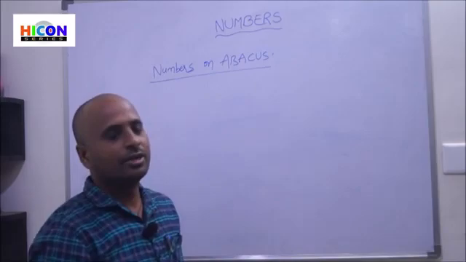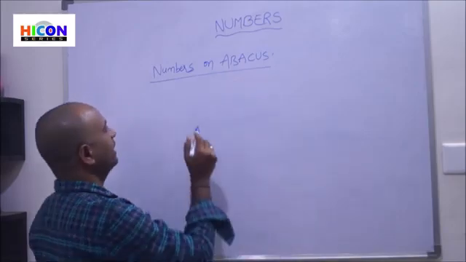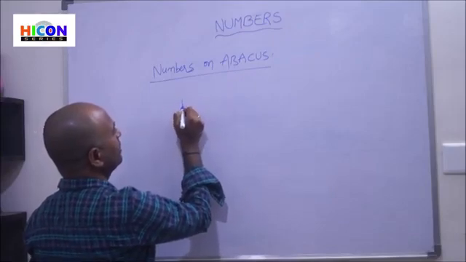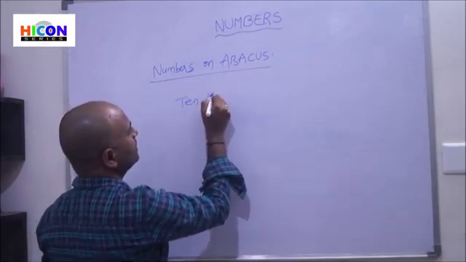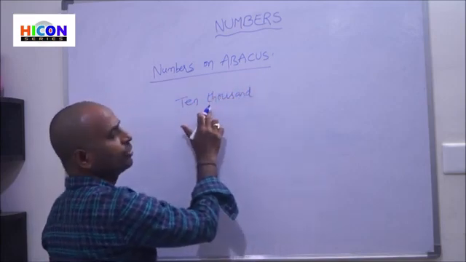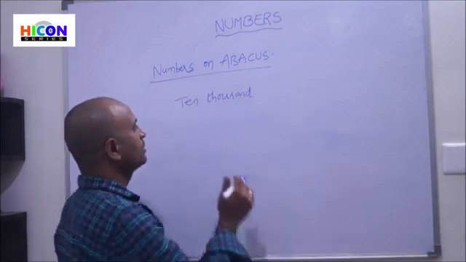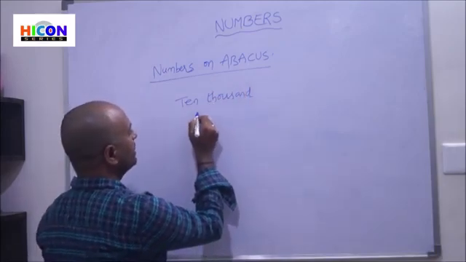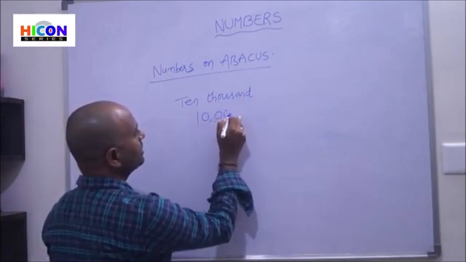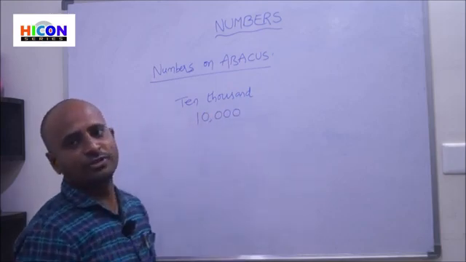So let us see how to show the numbers on the abacus. Let us take a 5-digit number, that is 10,000. How to represent 10,000 on the abacus? 10,000 can be written like this, and it contains 4 zeros.